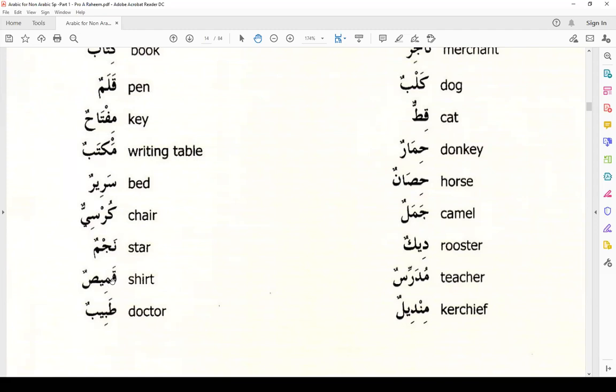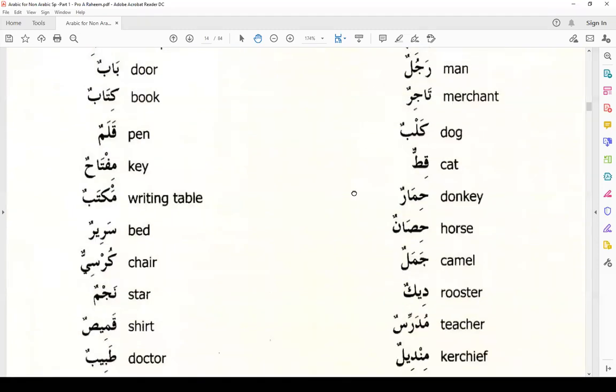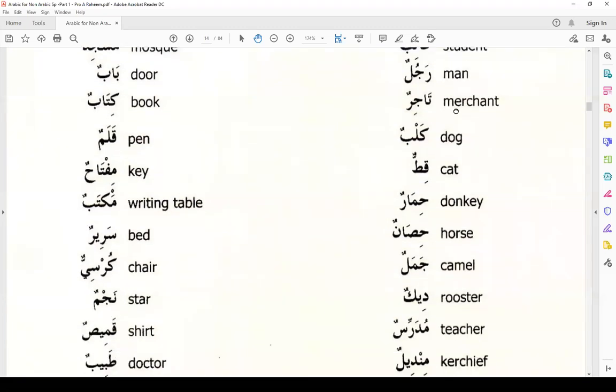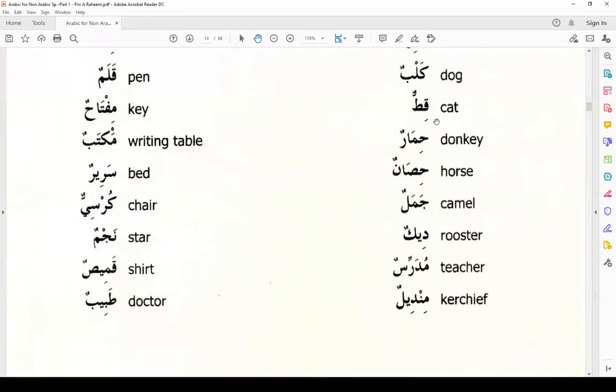Qamisun, shirt. Tabibun, doctor. On the other side, waladun, boy. Tolibun, student. Rajulun, man. Tajirun, merchant. Kalbun, dog.